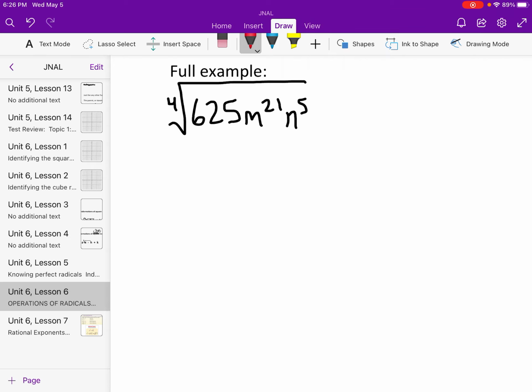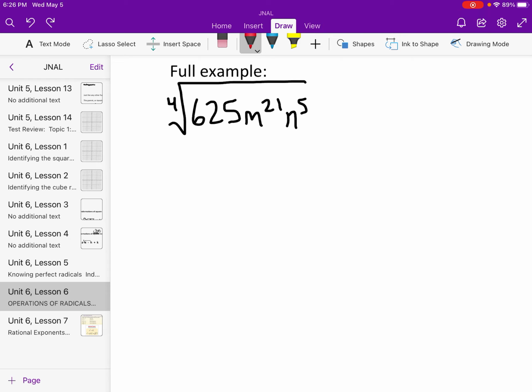Well, this is really just the same as before, but now we have a different root here. So we need to see if there's something that 625 can divide by that you can take the 4th root of. Let's see if there is something.